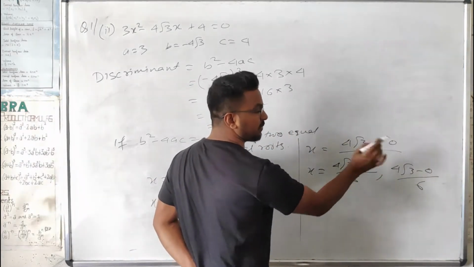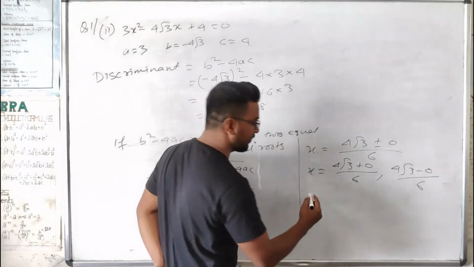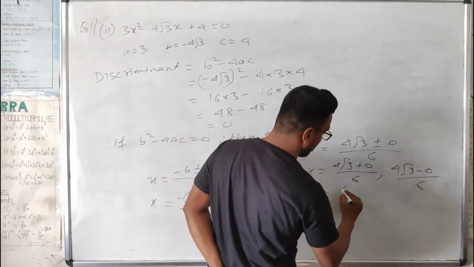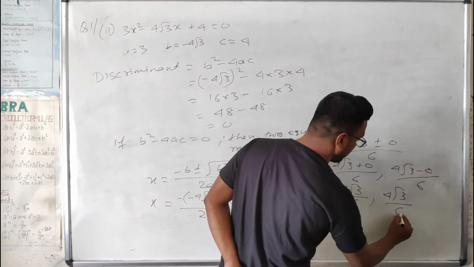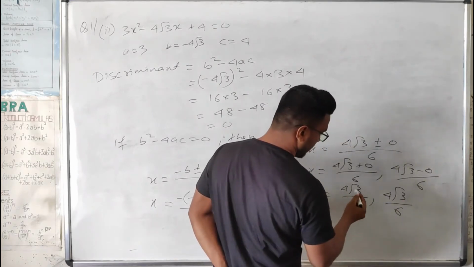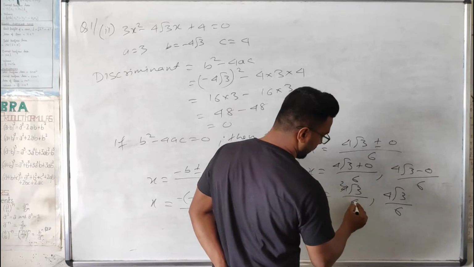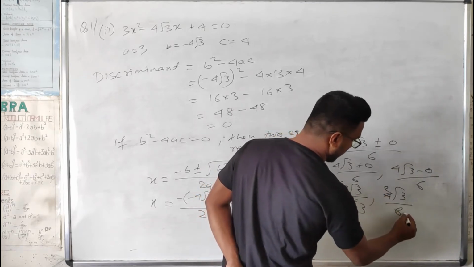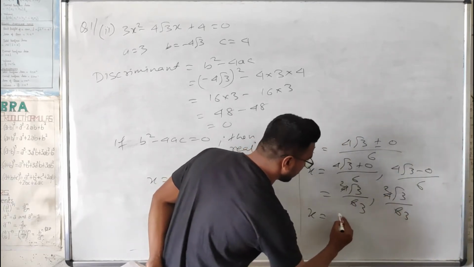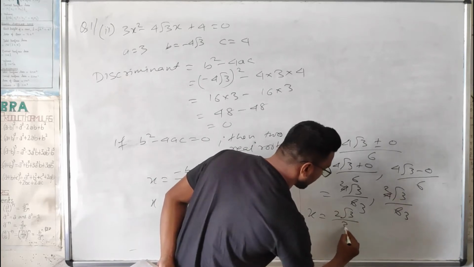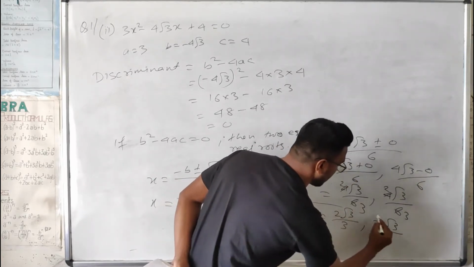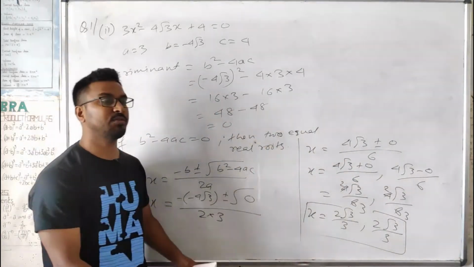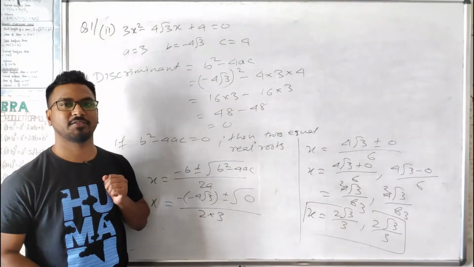Because adding 0 and subtracting 0 doesn't matter. So you will get 4 root 3 by 6 and 4 root 3 by 6. If you cancel by 2, it will be 2 and this will be 3. Therefore both the roots are the same, 2 root 3 by 3. So these are the two roots of this quadratic equation.